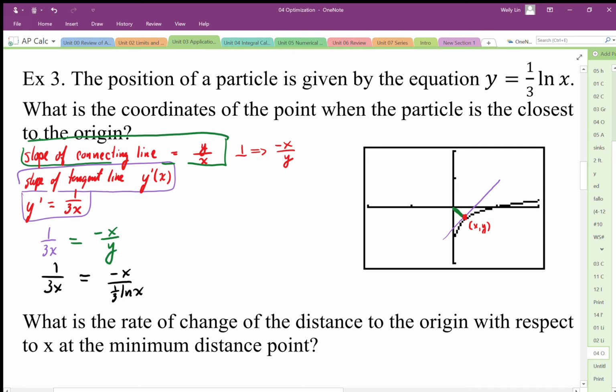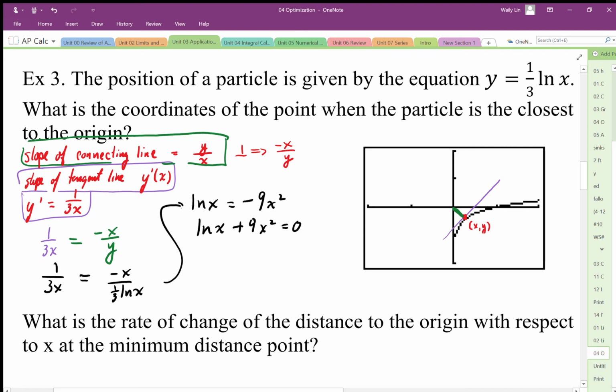Now I can solve this equation. Log x comes to that side, and I multiply the 3 onto that side, so negative 9x squared. And there's my equation: log x plus 9x squared equal to 0.